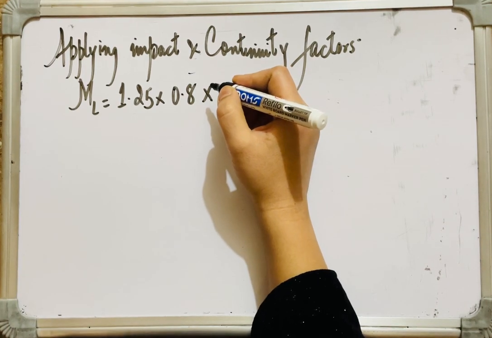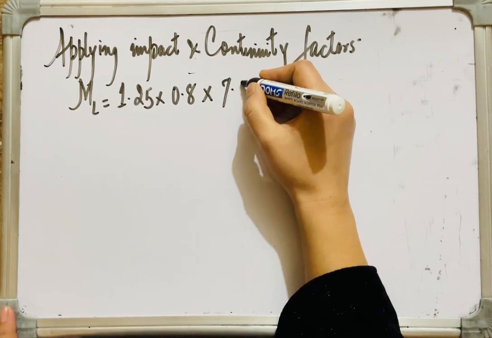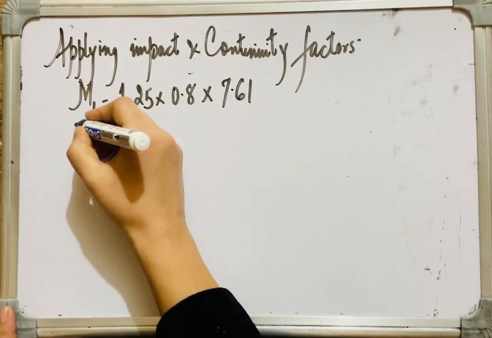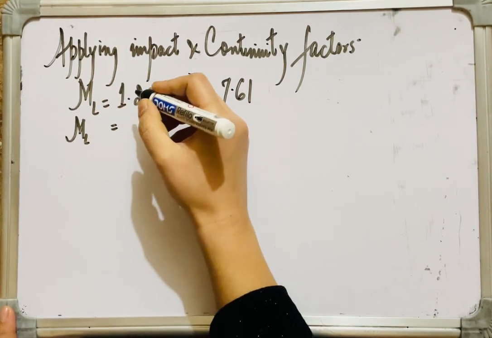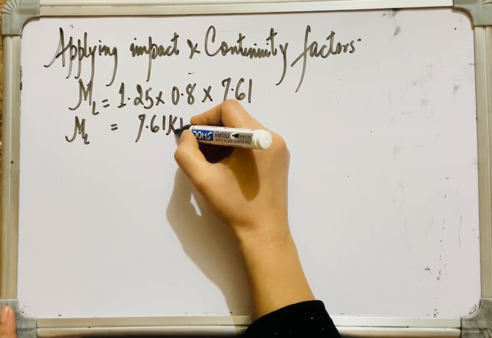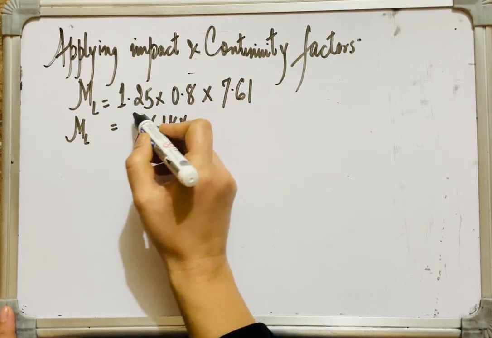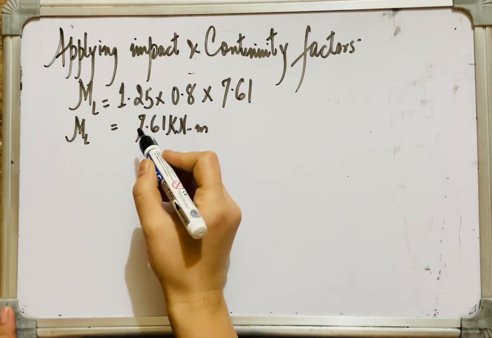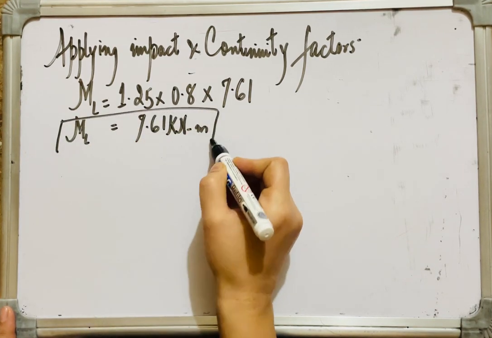Slab is continuous, and how much was the value? 7.61. So by calculations, it is equal to 7.61 kilonewton meter. Value remains same because we multiplied by these two factors, so the values are same.